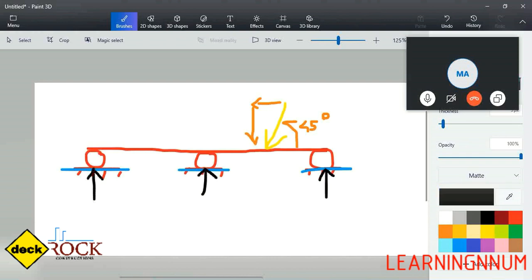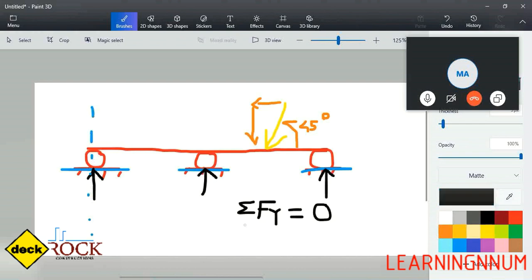Now the external vertical load is there and the reactions are vertical as well. Now we can say that when I apply F of y, that means forces in the y direction, would be equal to 0. Am I right? And I can also say that if I take moment about this point and add them, it would be 0.